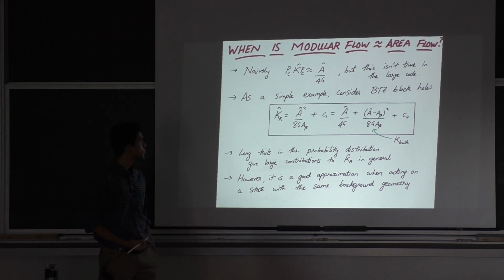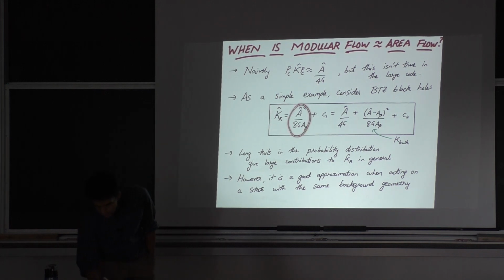The reason it's not true is simple to see from this example. Let's say you consider BTZ black holes, and I forget about all other degrees of freedom except just the horizon area. You can just check that the modular Hamiltonian, which is just the Hamiltonian in this case, is quadratic in the area. And so when you decompose it into an area term and a bulk term, the bulk term has a 1 over g in it.